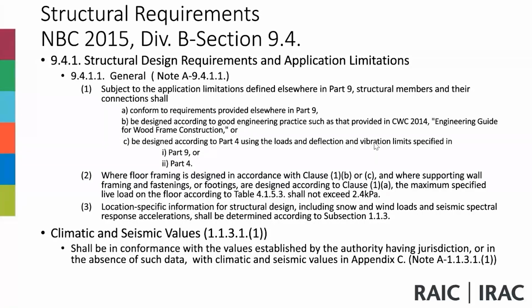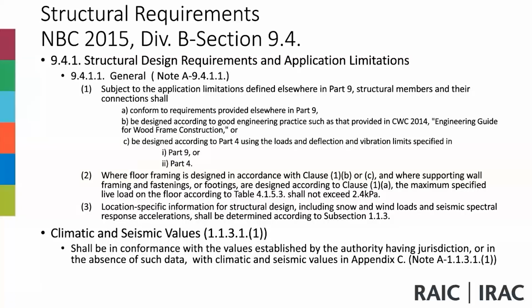Be designed according to good engineering practice, such as provided in the Canadian Wood Council 2014 Engineering Guide for Wood Frame Construction. So obviously, when you're using the CWC 2014, that's for designing wood frame construction. If you have other types of materials, you still need to refer back to elsewhere in Part 9. Or you can design the building in accordance with Part 4, using the loads and deflection and vibration limits specified either in Part 9 or in Part 4.